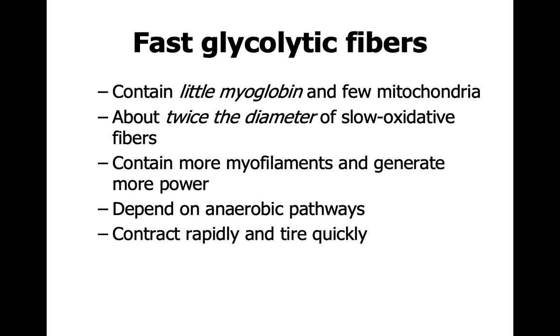The word glycolytic in the title implies that they are using an anaerobic process. And because glycolysis does not produce as much ATP, and this type of muscle burns through a lot of ATP fast, these muscles have the tendency to get tired fast.